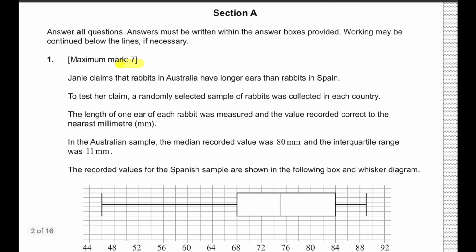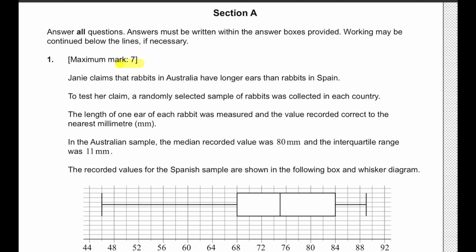Okay, so question number 1. Here a student claims that the rabbits in Australia have longer ears than rabbits in Spain. To test her claim, a randomly selected sample of the rabbits was collected in each country, and the length of one ear of each rabbit was measured, and the value recorded correct to the nearest millimeter.